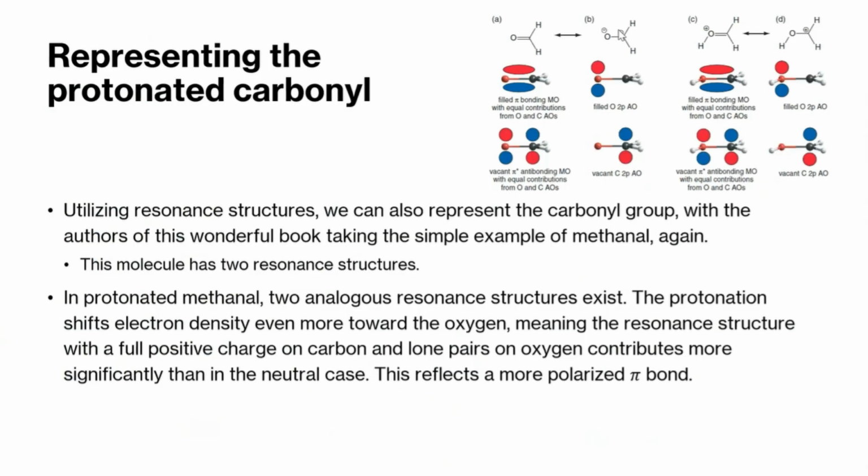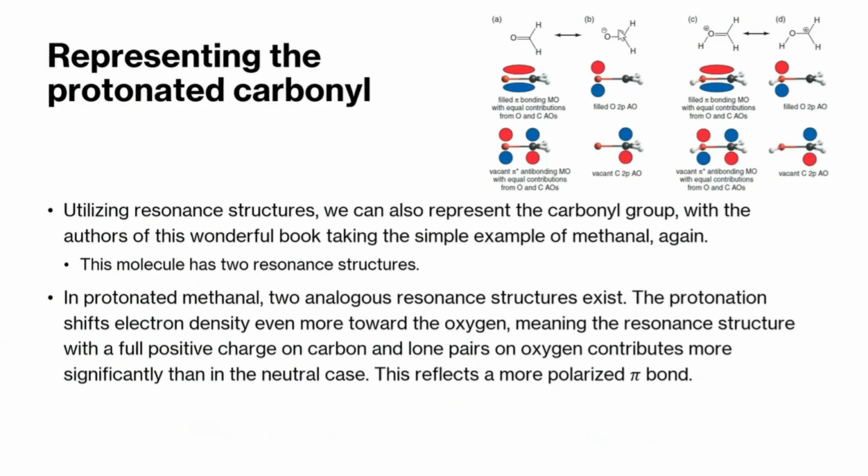If we go back to chapter 1, I said that if we have multiple resonance structures, then a molecule just doesn't flip-flop between them. No, the true electronic structure, or the true way that electrons are distributed, will be somewhat of a mix of all these resonance structures.